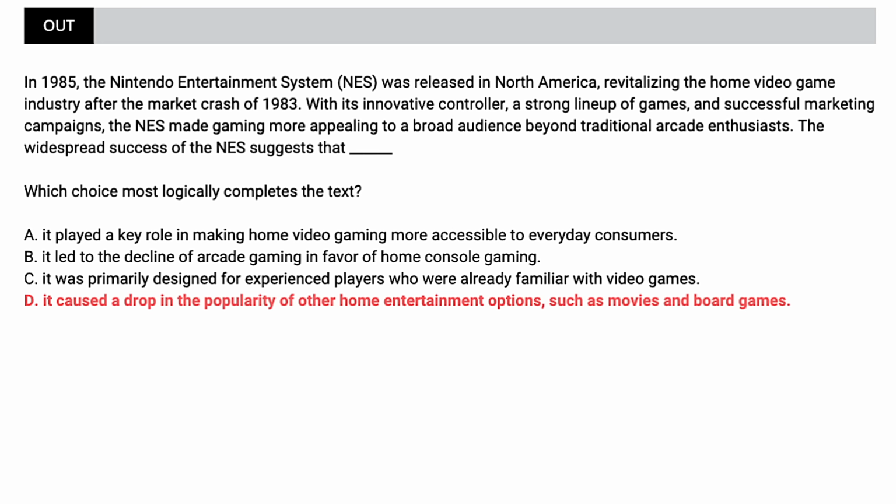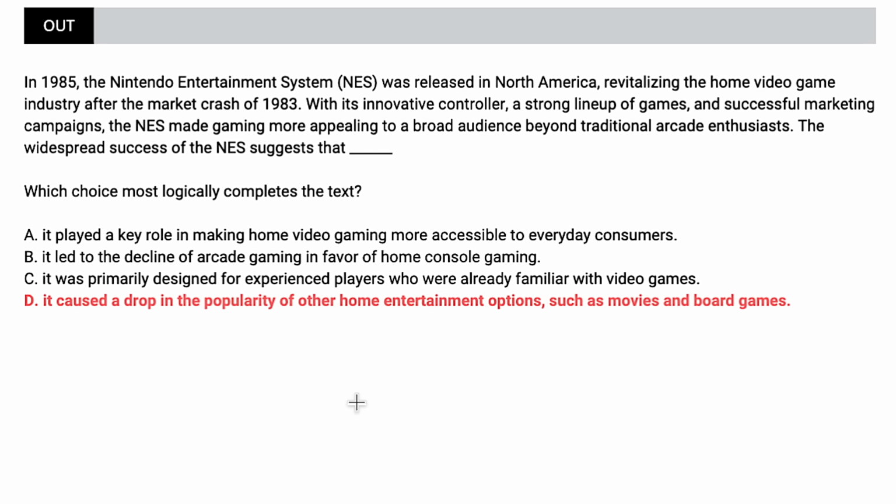So if we look at choice D, and I probably sound like a broken record, but make sure to pause the video and read this first. But anyway, if we look at choice D, it says, the widespread success of NES suggests that it caused a drop in popularity of other home entertainment options. This would make sense.